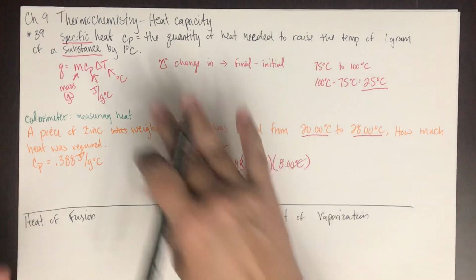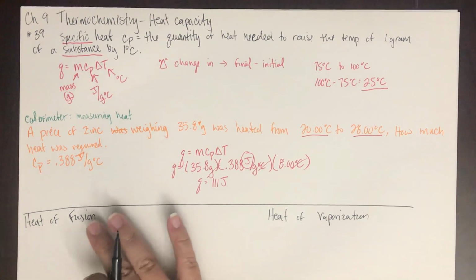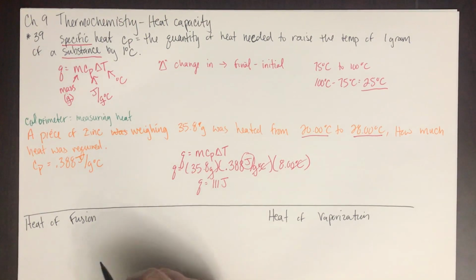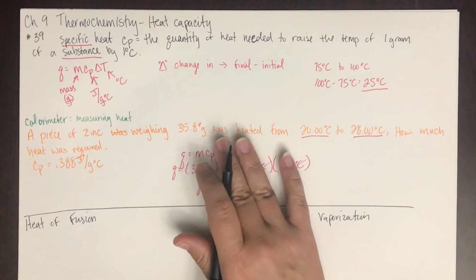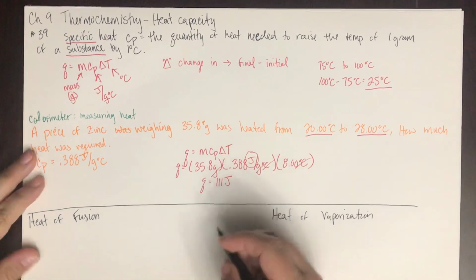So this is no longer about heat capacity. This is on to heat of fusion and heat of vaporization. The heat of fusion is a special amount of energy that it takes to change state. Here we're only changing temperature; in these two we're changing state.